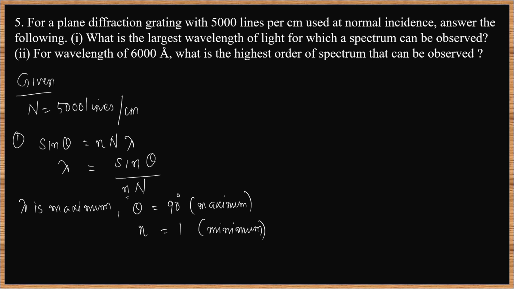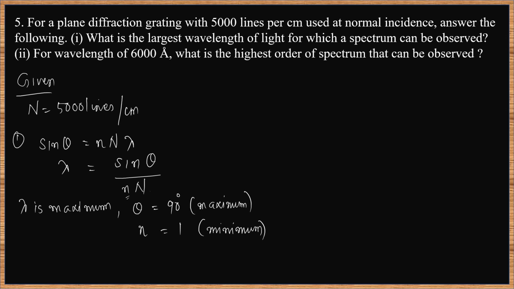If lambda is to be maximum, sin theta should have the maximum value, that is equal to 1. That is when theta is equal to 90 degree. And also the denominator should be minimum, so n should be minimum, because capital N is a constant here.